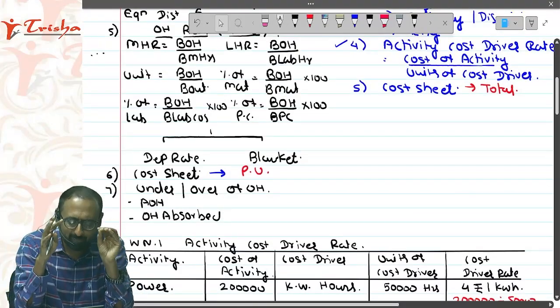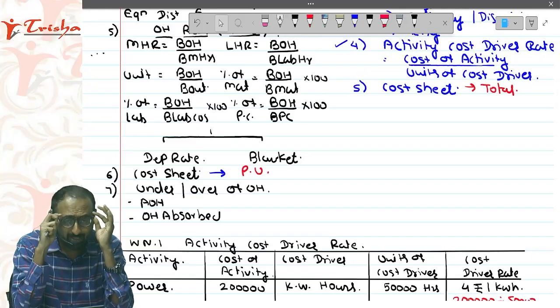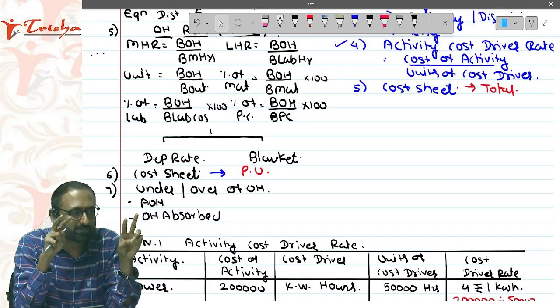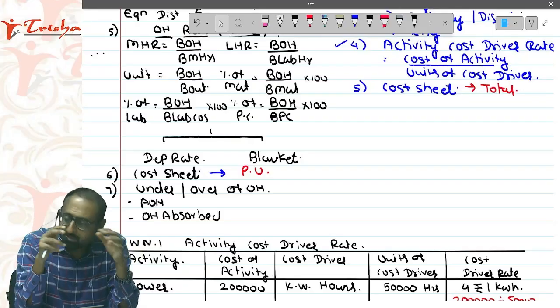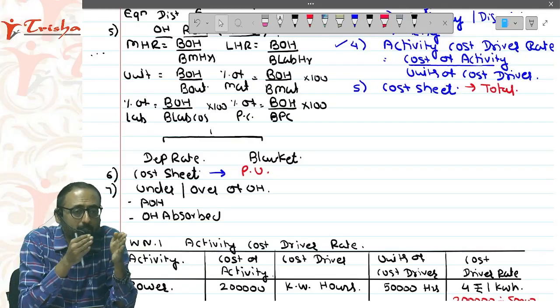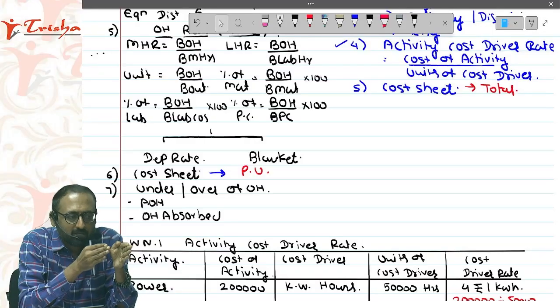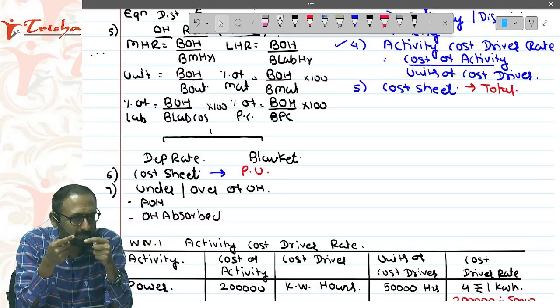Once you calculate the overhead absorption rate, you prepare the cost sheet. The overhead absorption rate can be prepared in two ways, a very important point to remember: either you prepare a department wise rate or a blanket rate. In the department wise rate, you calculate a separate rate for each department.